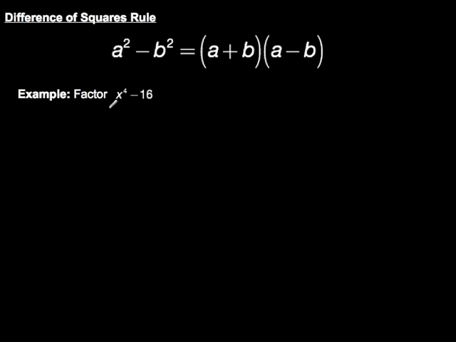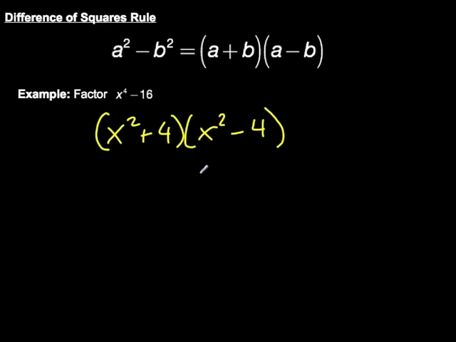Something that looks like this is still a difference of squares. x to the fourth is x squared times x squared. 16 is 4 times 4. So we can write that out as x squared plus 4 and x squared minus 4. Now, x squared plus 4 is fully factored, but this one here still follows the difference of squares rule. x squared minus 4: the square root of x squared is x, the square root of 4 is 2.